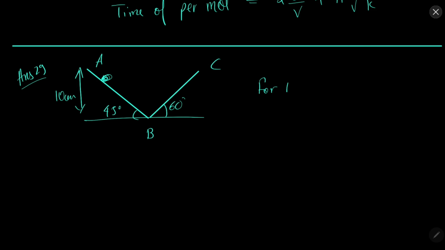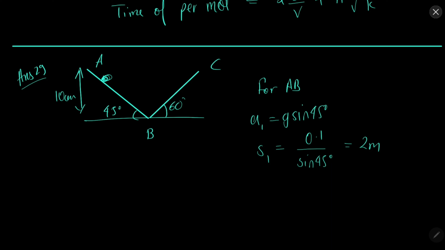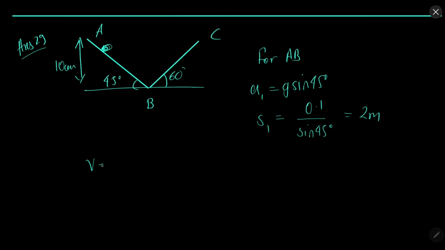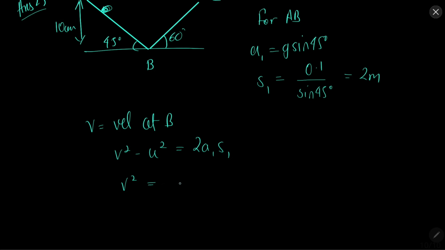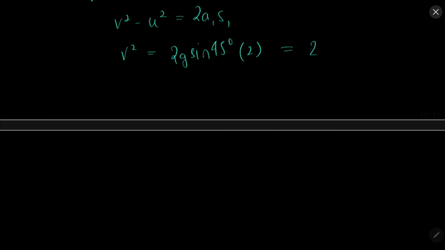So for the AB part, a1 equal to g sin 45°, and displacement will be 0.1 over sin 45°. V is the velocity at B, so V square minus U square equal to 2 a1 s1, V square equal to 2 g sin 45° into displacement, it will give us 2.